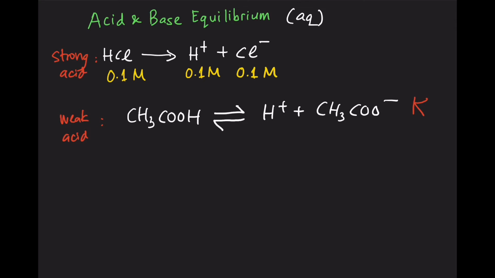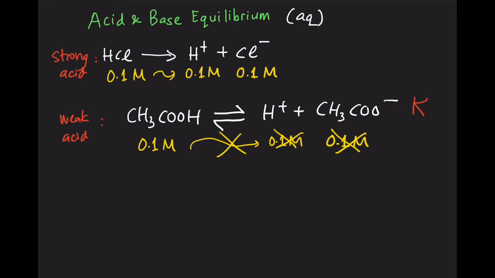So for weak acid like acetic acid, if we have in the beginning 0.1 molar, this is not going to be 0.1 molar for H plus and 0.1 molar for CH3COO minus. In fact, because it is a weak acid, most of the species in the solution is actually in the non-dissociated form, and only a little bit goes dissociated into H plus and CH3COO minus.